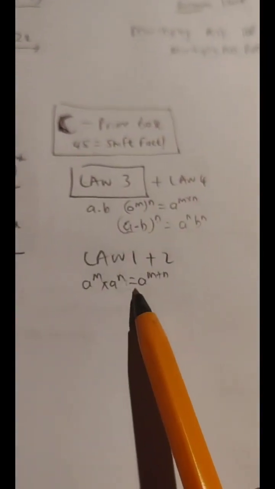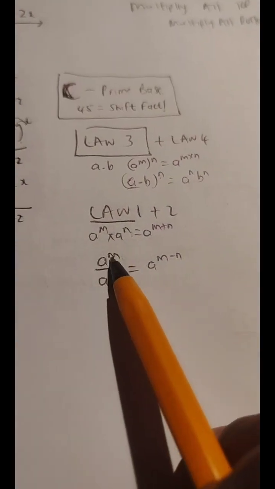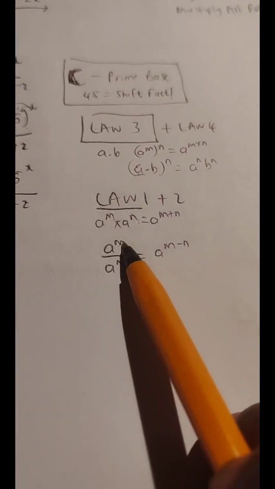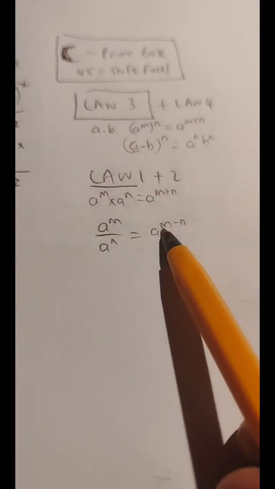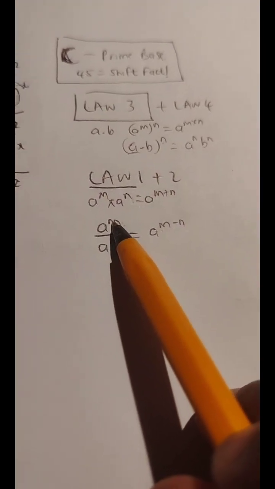What do law number 1 and 2 say? Law number 1 says if you are multiplying same bases, you keep the base a, you add the exponents. That's law 1. Law 2 says if you are dividing same bases, this m is the exponent of the base a at the top. So you keep the base, you subtract the exponents.